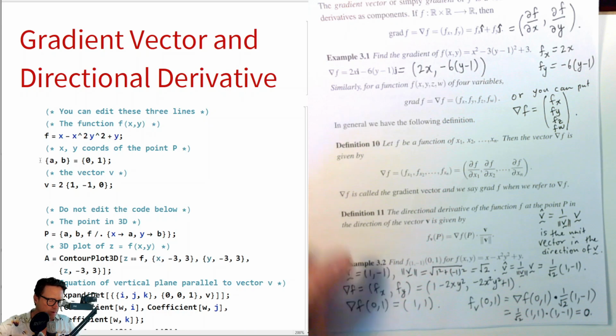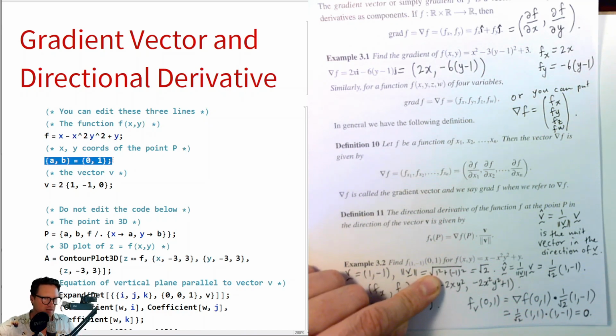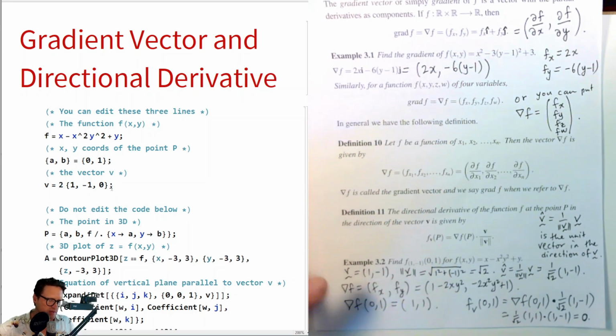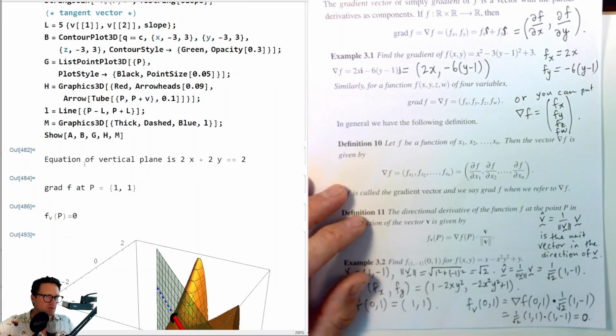I've entered the point p, or at least the x and y coordinates of it, right? Because it's really a three-dimensional point. Then I've entered a multiple of that vector just so I make my arrow bigger in the diagram. All right, so it's parallel to this v, but it's a slightly different v. All right, so let's run this, and then I'll describe to you what we have.